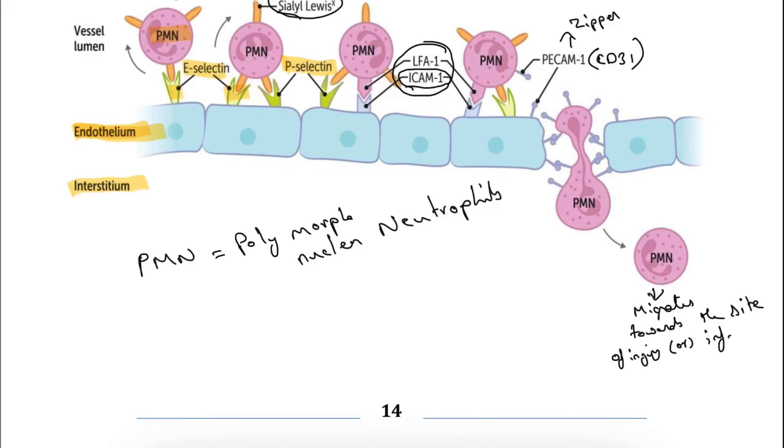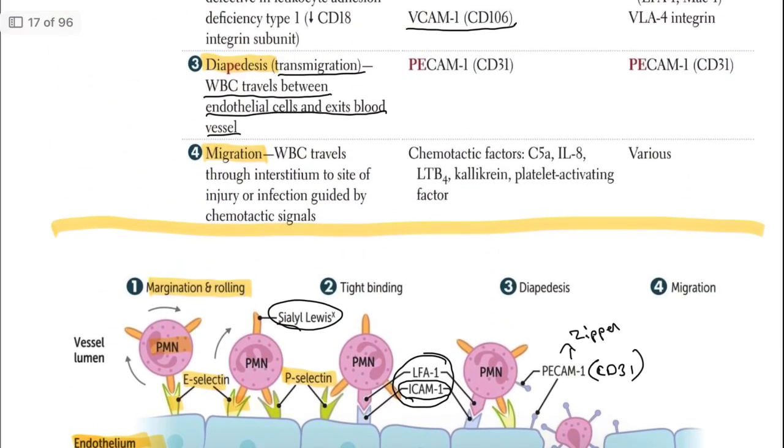This is guided by chemotactic signals. Where will we get these chemotactic factors? We can see C5a, interleukin 8, LTB4, kallikrein and platelet activating factor. Okay, so these are the things you can see in leukocyte extravasation.